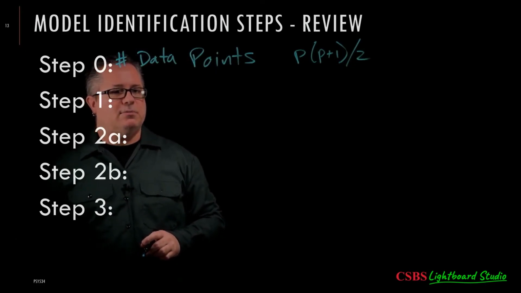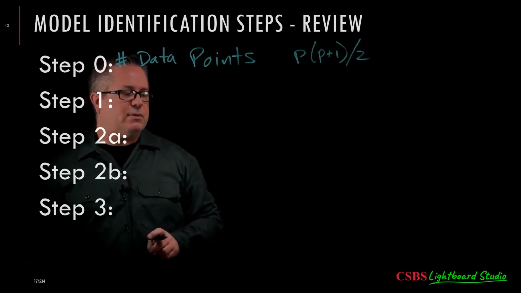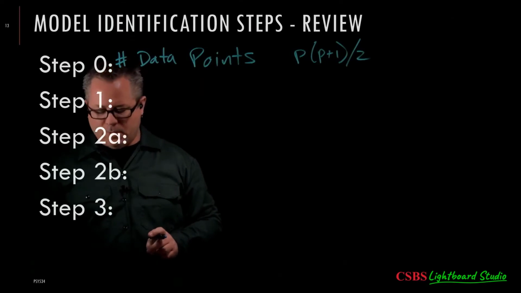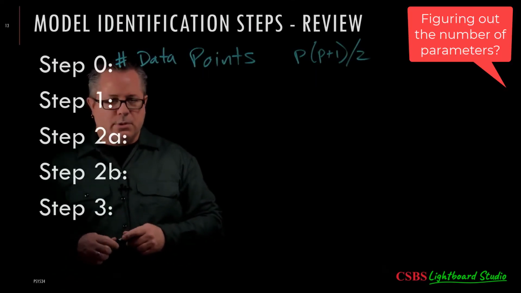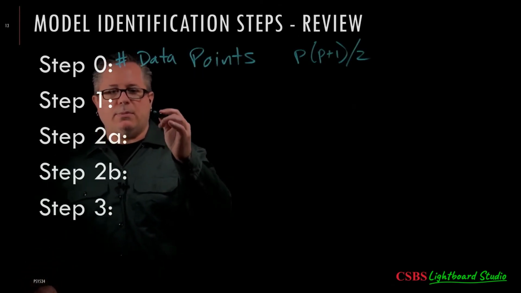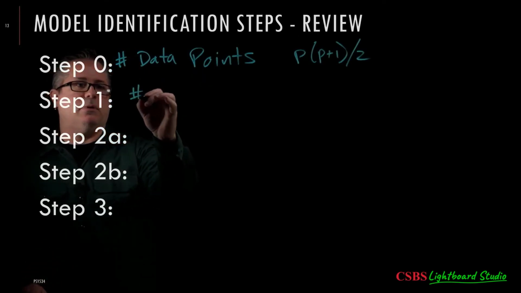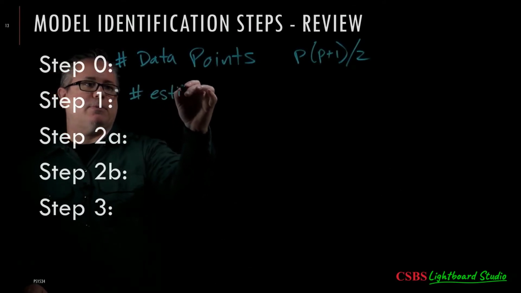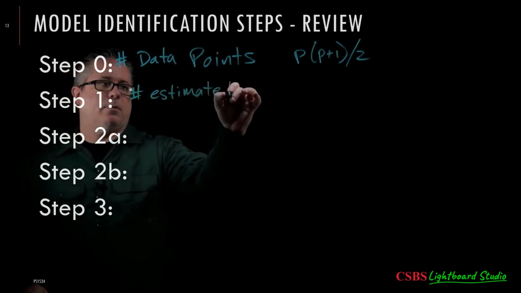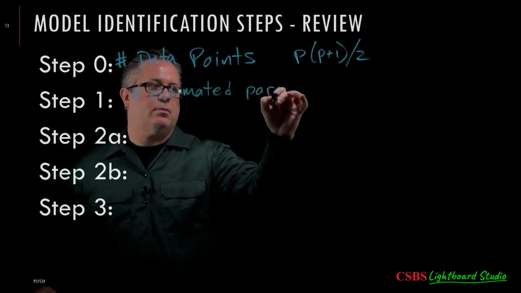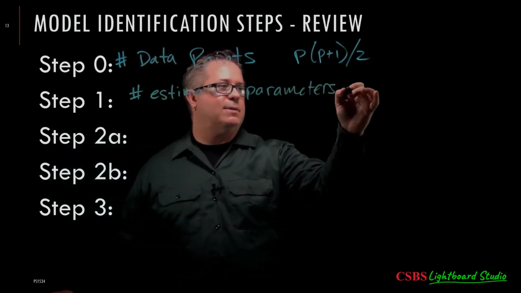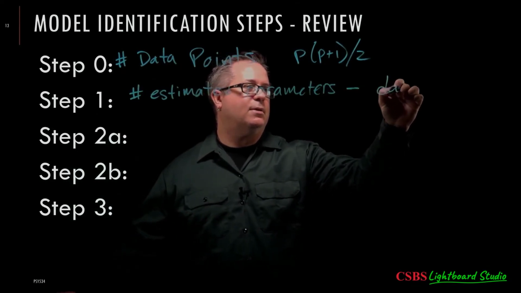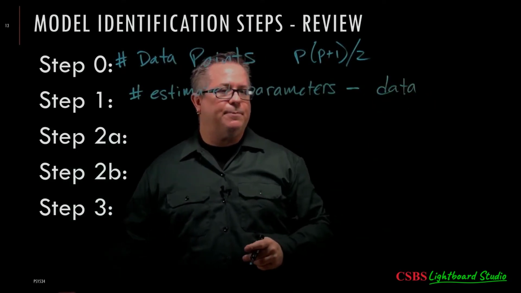Sound familiar? So once you figure out the number of data points, then what's step 1? In step 1, we're going to take the number of estimated parameters minus the data, the number of data points.